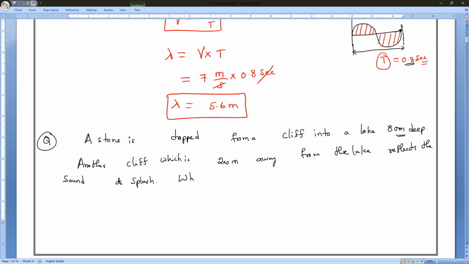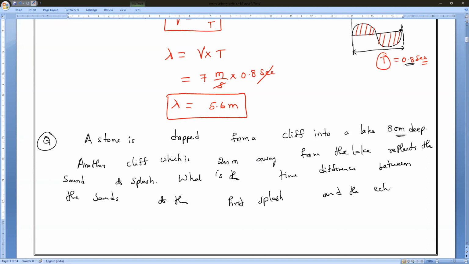Now, what is the time difference between the sounds of the first splash and the echo of the splash?